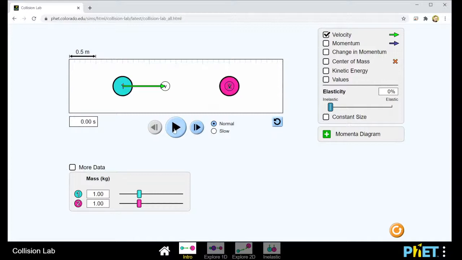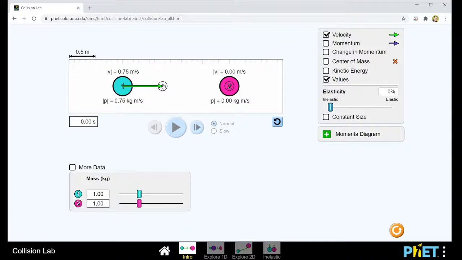And so they move together as one after the collision. And even though in this picture you're seeing two velocity vectors, one for 1 and 2, they're the same velocity vector because they move as one after the collision.